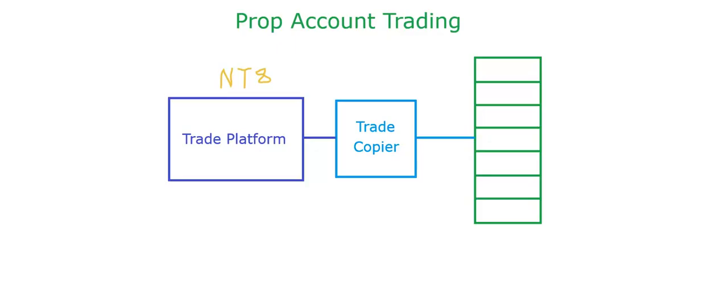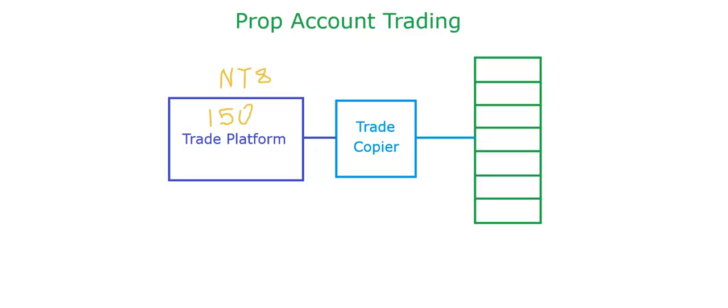Let's say in this case I'll use a Take Profit Trader eval account, and let's say it's a 150K account. Right here on the trade platform, I'm going to turn on my strategy and put it on a 150K prop account, an eval account, for instance.